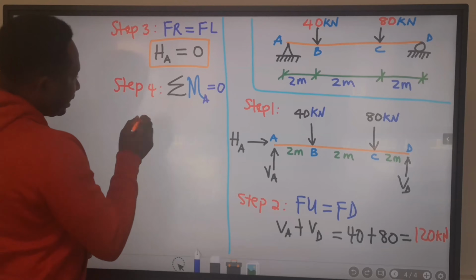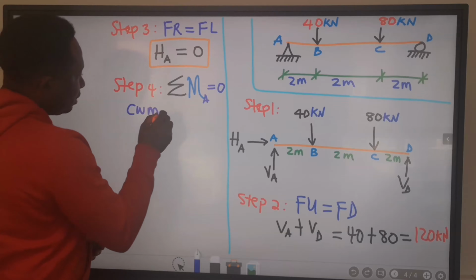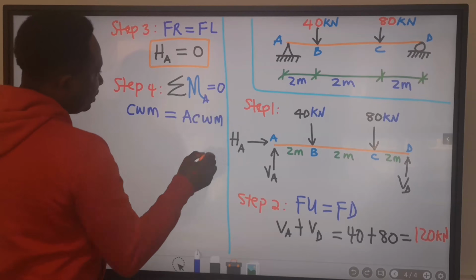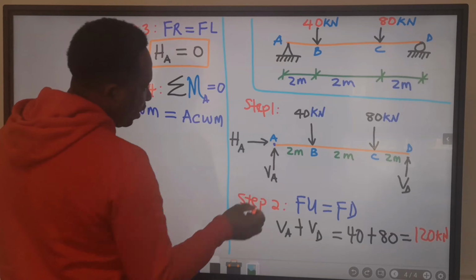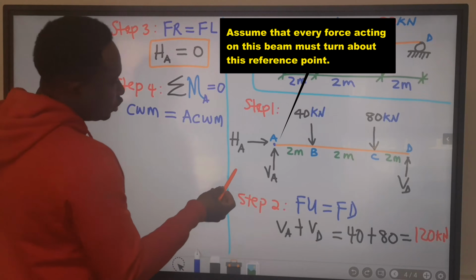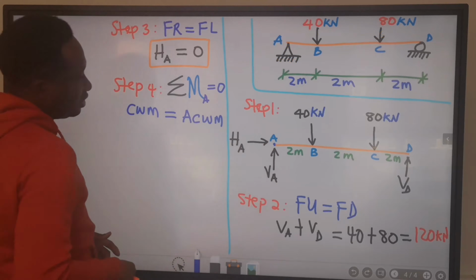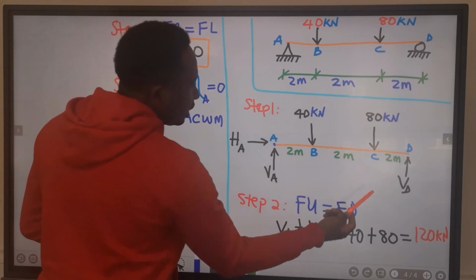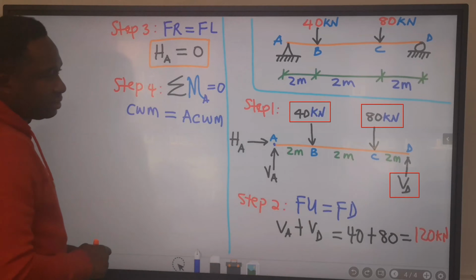But the meaning of this is that the clockwise moment must be equal to the anti-clockwise moment. That is, I'm going to take a reference at this point A, and I will assume that all the forces acting at this point is 0. Now I'm left with 40 kilonewton, 80 kilonewton, and V subscript D to analyze.